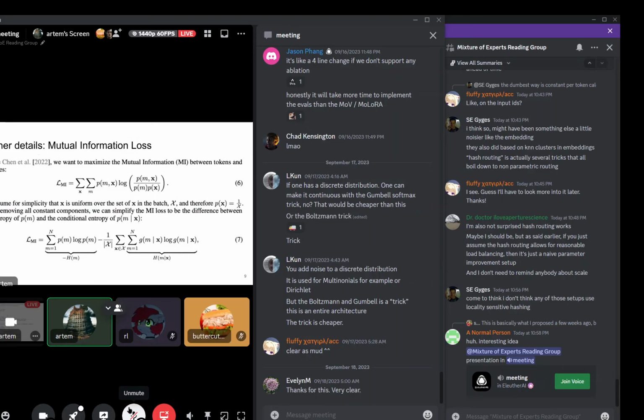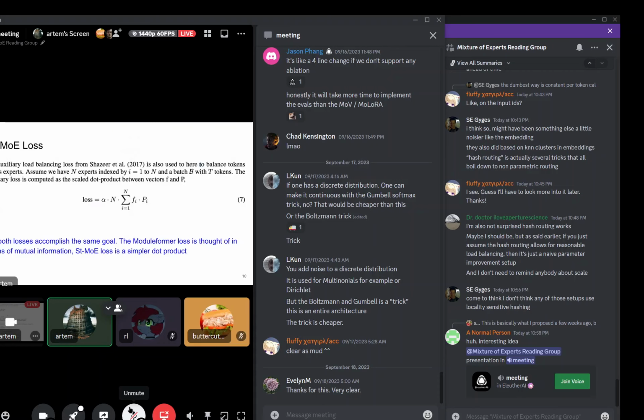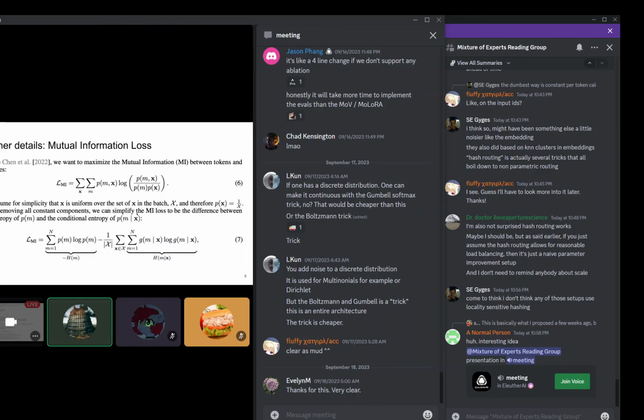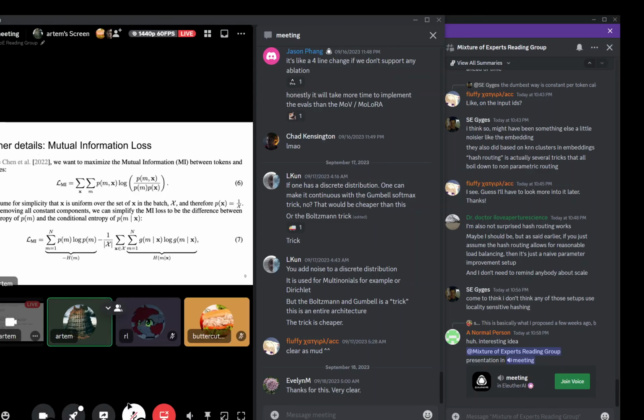Instead of the loss in ST-MoE, which is this dot product, which I think we went over a couple times, they use something they call mutual information loss, where you're maximizing the mutual information between the tokens and the modules. And it reduces down to this.